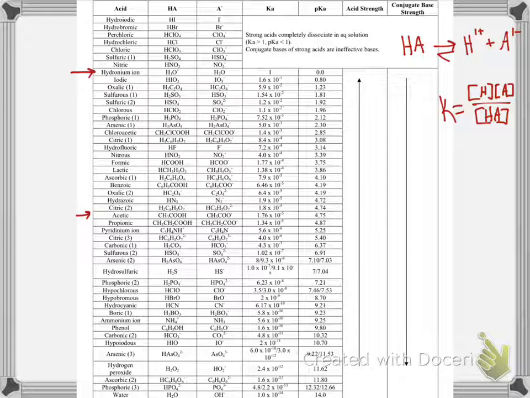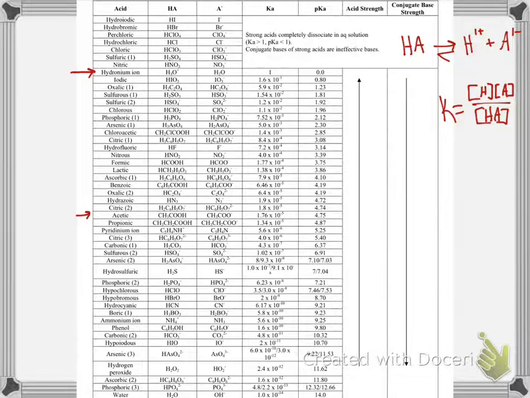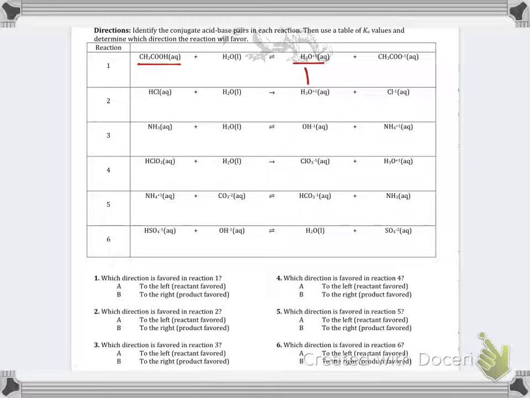And so what I'm going to do is I'm going to go ahead and write the K value underneath each of the acids on this next slide here. So the K value is 1 for H3O+, and if we look, the K value for acetic acid is 1.76 times 10 to the negative 5. We'll go ahead and write that under there.